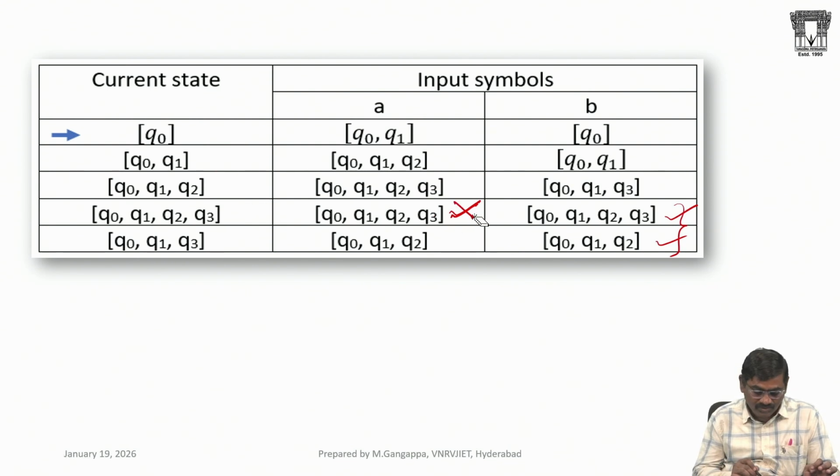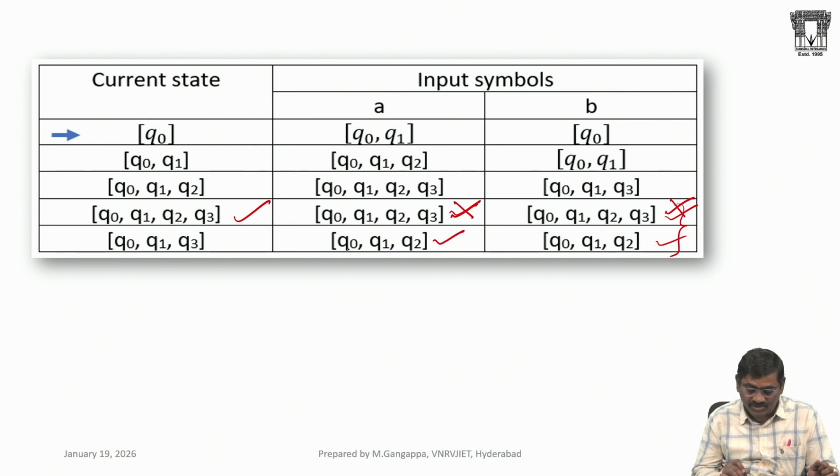Right? Now, let us go with one more. This one. Compare this Q0, Q1, Q2, Q3. Q0, Q1, Q2, Q3 is quite similar to Q0, Q1, Q2, Q3. Therefore, this cannot be the new state. Why? Because this has been processed here, right? Therefore, that cannot be the next new state. Now go to the next one, that is Q0, Q1, Q2.